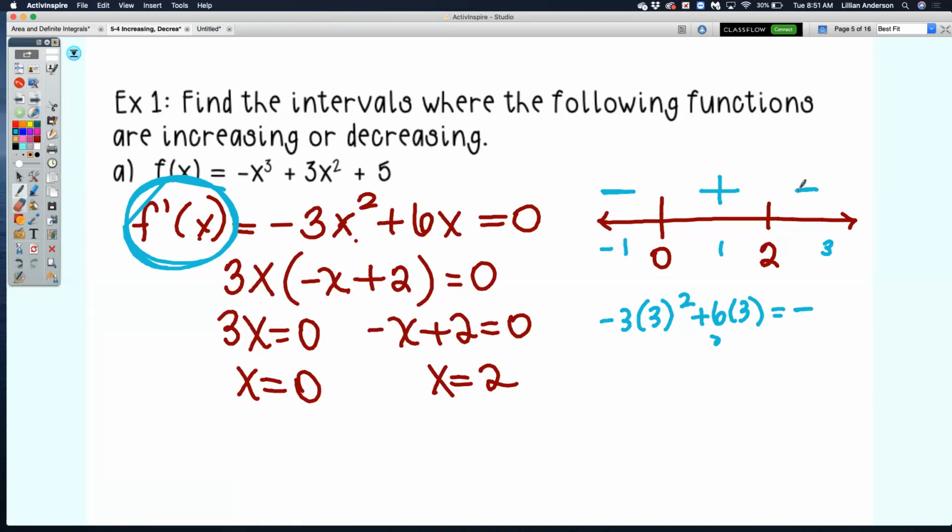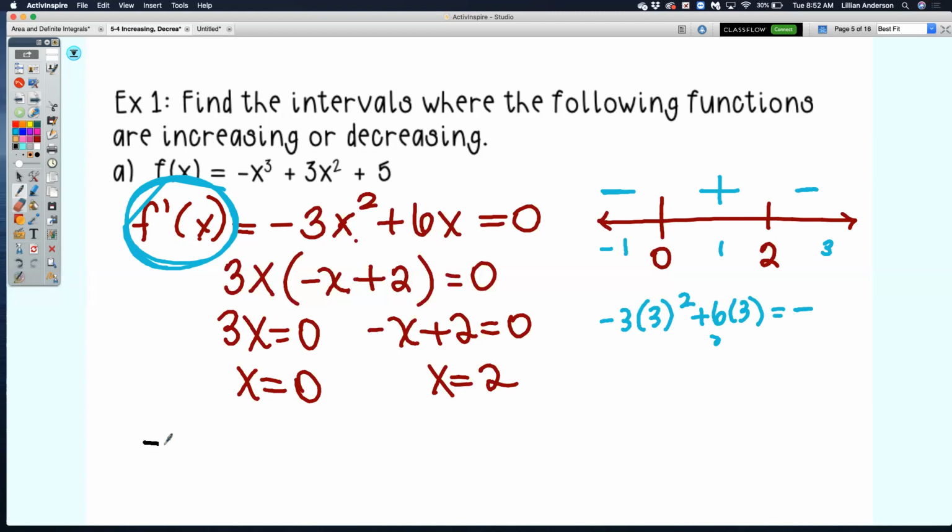So right here, this sign diagram that I've created, with the red 0 and 2 and the blue test points, tells us where our function is increasing and where it's decreasing. If it's negative, it's decreasing. If it's positive, it's increasing.